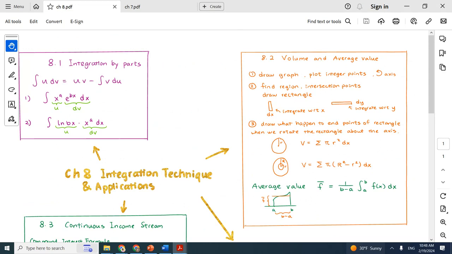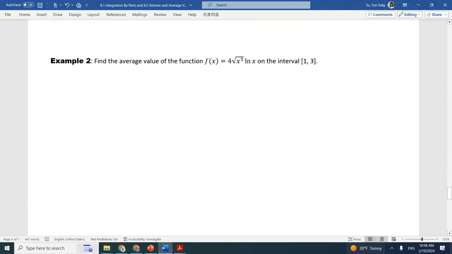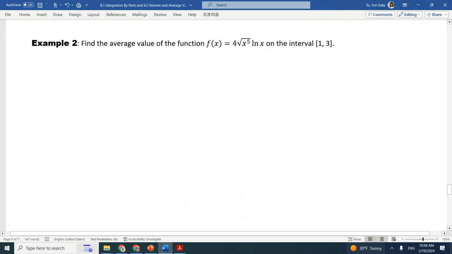You don't need to draw this because you don't get integer points. It's natural log. If you really want to draw it, you can sketch.